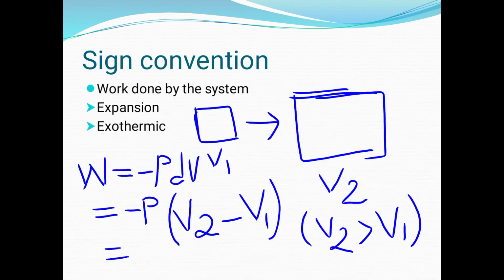So it is given by a negative sign. When you solve, you obtain a negative work. That means it is an exothermic process. So always remember, whenever work is done by the system, you get a negative work done. It's an exothermic process and you see expansion.